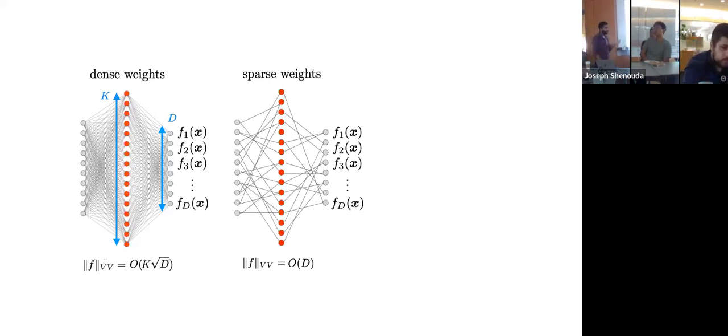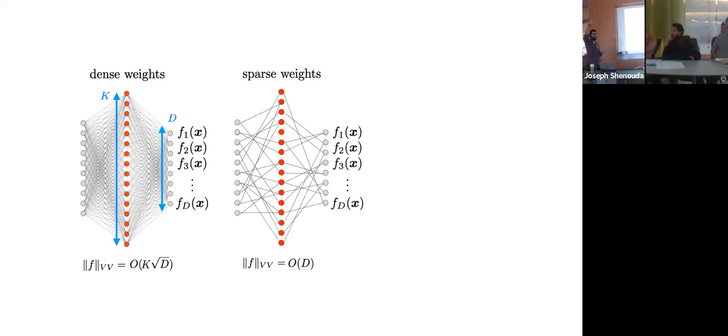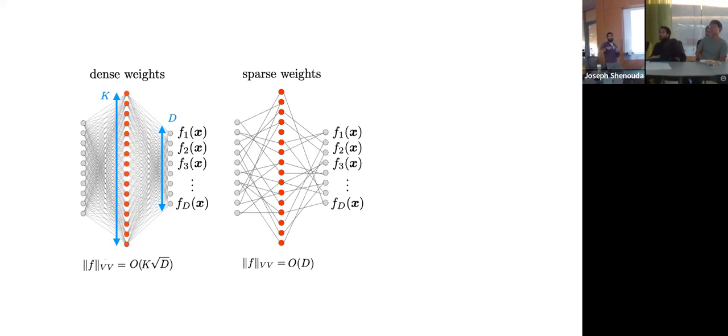For the VV norm, you would just have order d, because it doesn't scale with the number of neurons you have. Only a few neurons are active, and the ones that are active are only 1 and then 0. So if you sum those all up, it'll be d. So that's sparse weights, not necessarily sparse neurons.